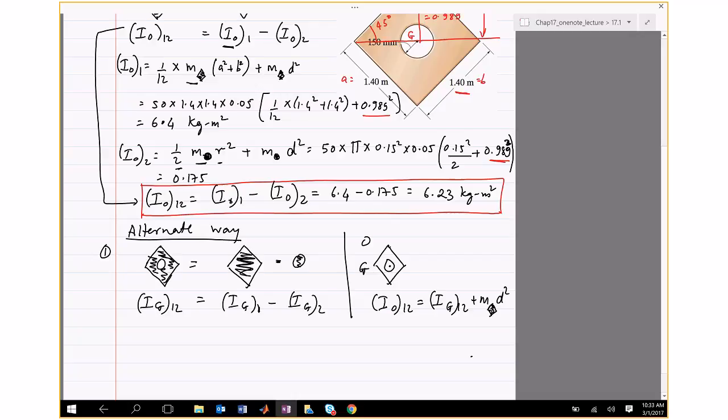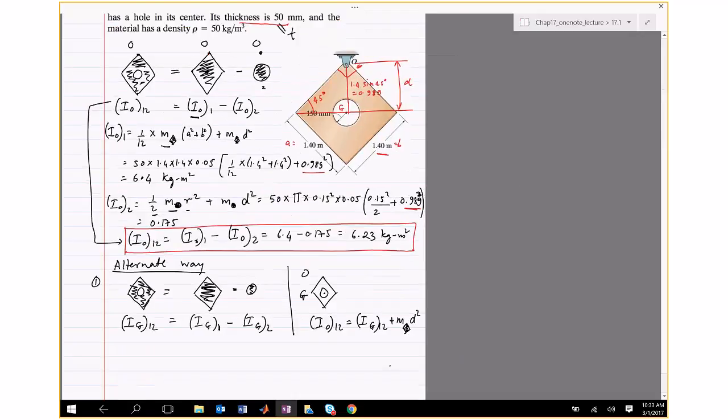In the first case, I used the parallel axis theorem on the individual bodies and then did the subtraction. In here, I reversed it. I first found IG for the composite body and then did the parallel axis theorem.